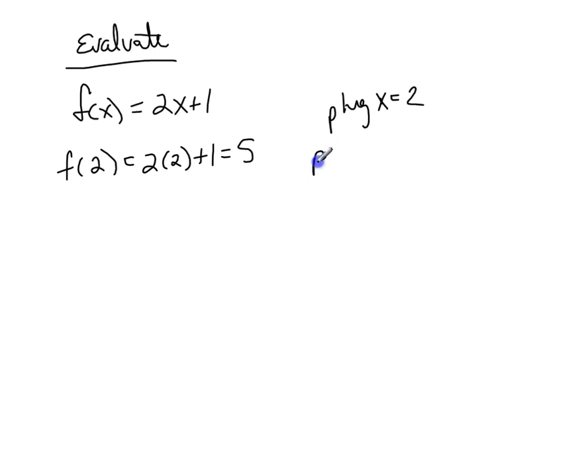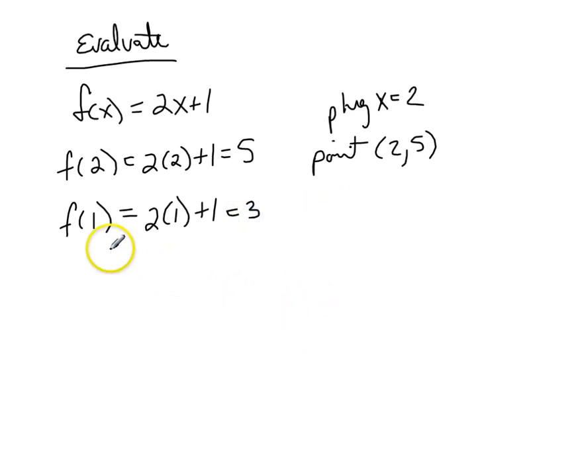If this was a point, the x value is 2, the y value is 5. That would be the point. Let's try it again. F of 1. So try it out. Two times 1 plus 1 is 3. If this was a point, it would be 1, 3.